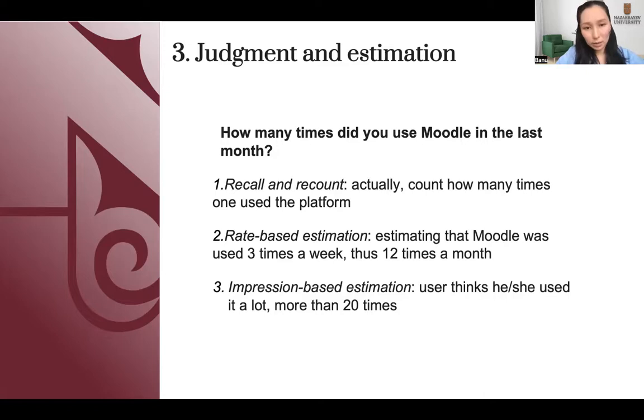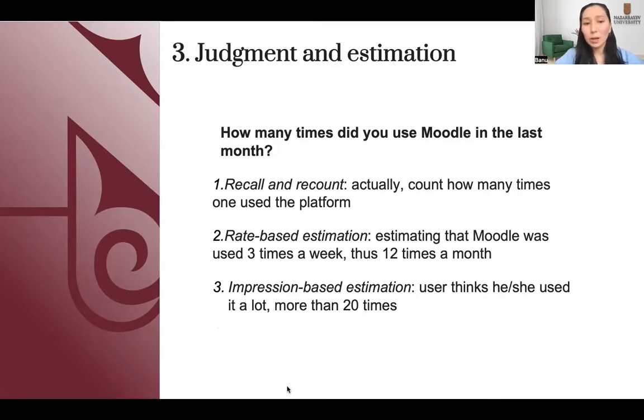And with impression-based estimation, the user thinks that they use Moodle a lot, and they just think of a big number, like 20, more than 20 times. So, as I said, in each of these strategies there is a chance of encountering a problem, either underestimating or overestimating.